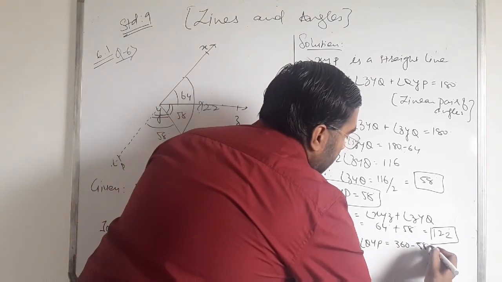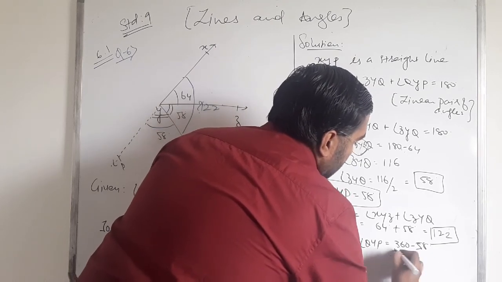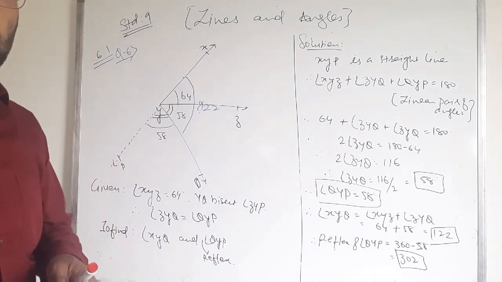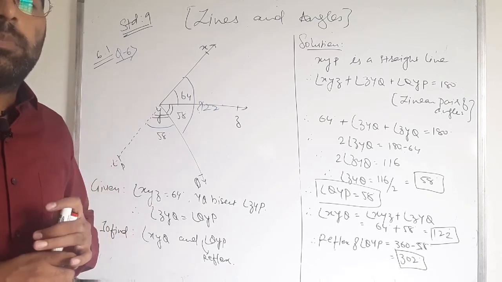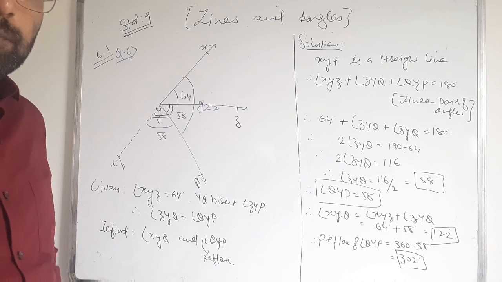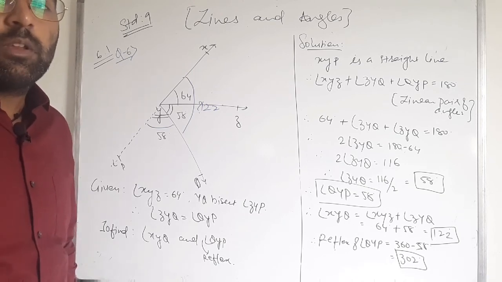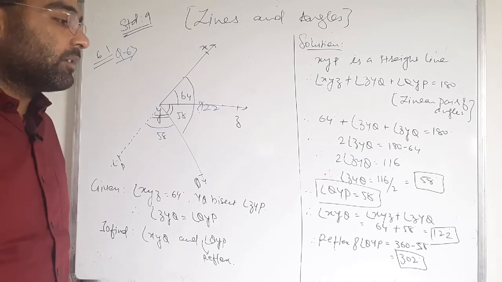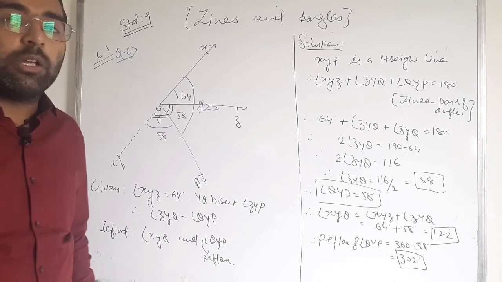So 360 minus 58 is equal to 302 degrees. Got it? Clear? Please note this down fast. Students, you must write all the things that I write on the board in your book.